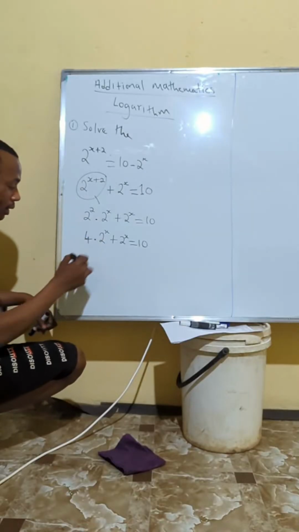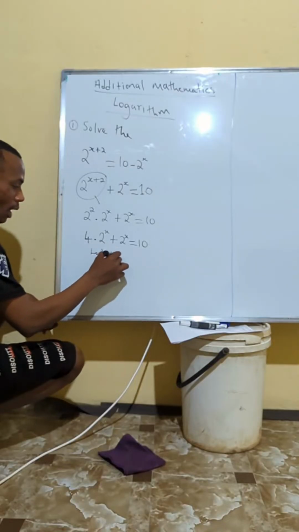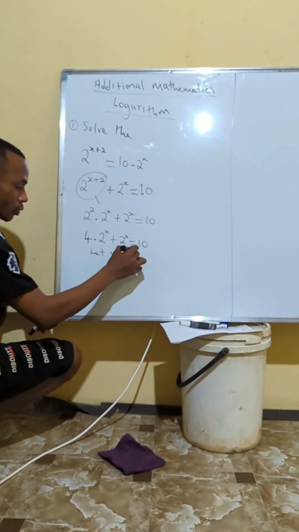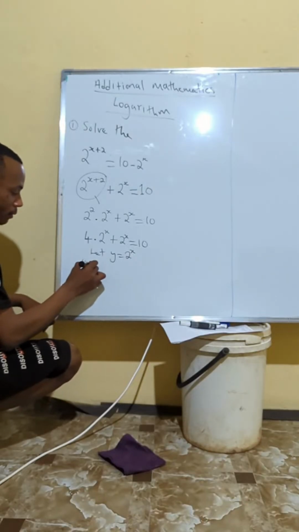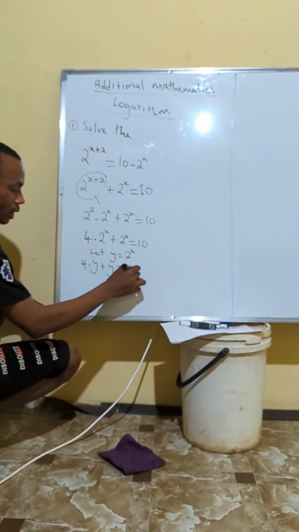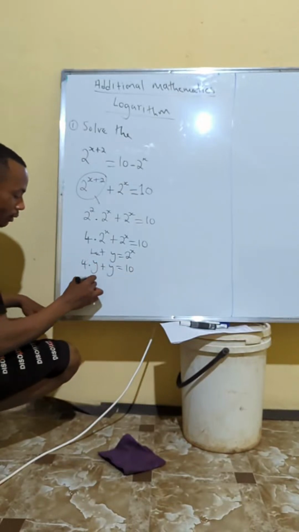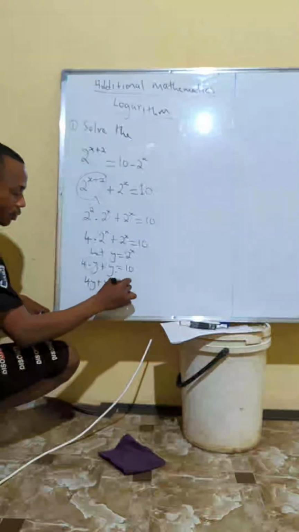Then, when we reach here, we're going to say let y be equals to 2 to the power x, so that it should be 4 times y plus y is equals to 10. Then here we're going to have 4y plus y is equals to 10.